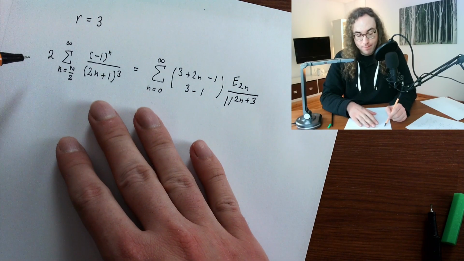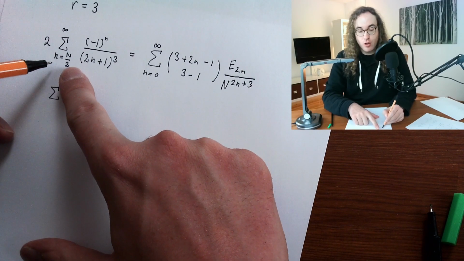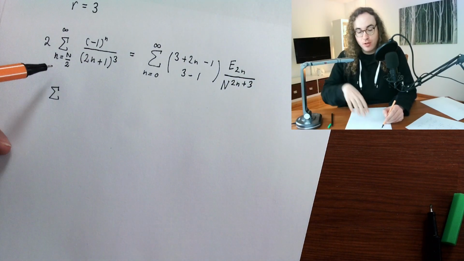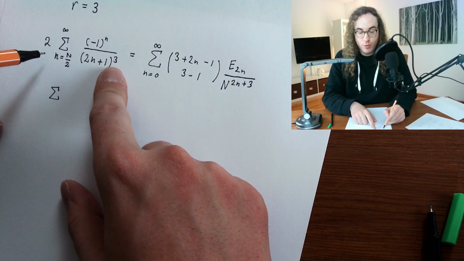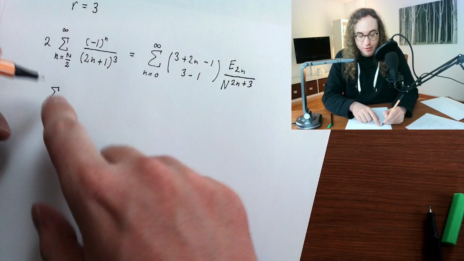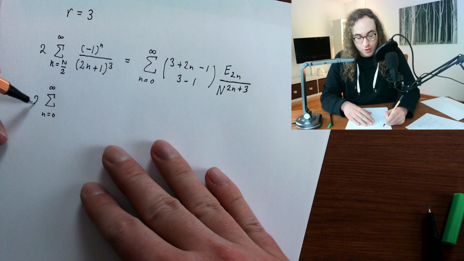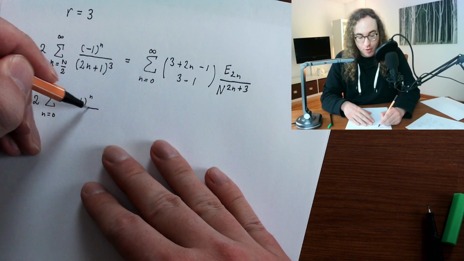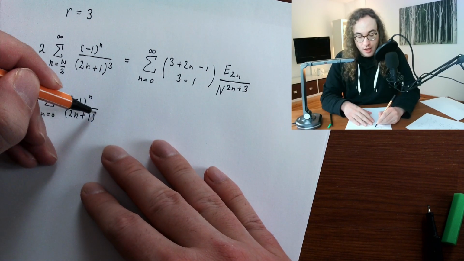Now, first of all, this would be the sum. Remember, this is just the error term. When we do partial summation up till the n halved minus 1 term, then this is the error term which we get. To compare this actually to the limit, we first need to know what the limit is. So this would be 2 times just the alternating sum of the cubes of the odd integers.